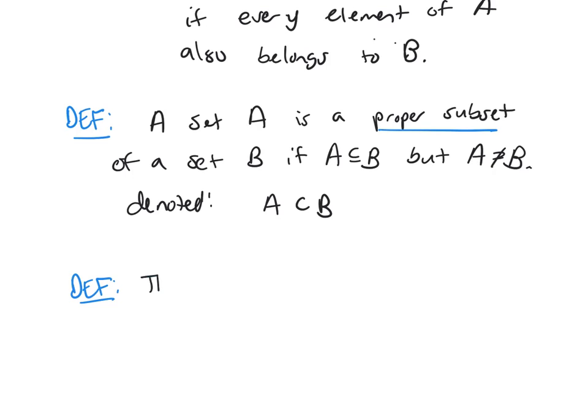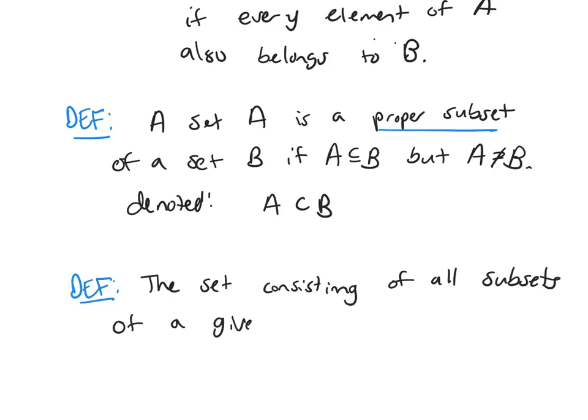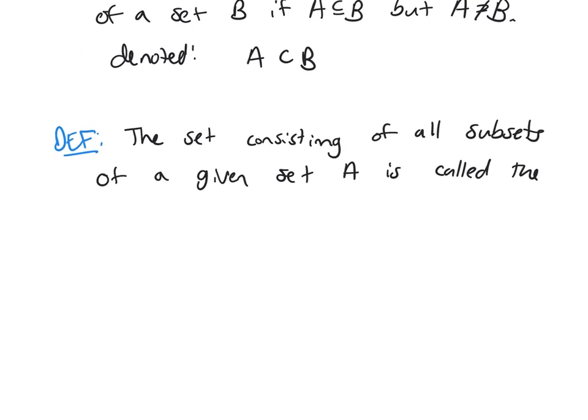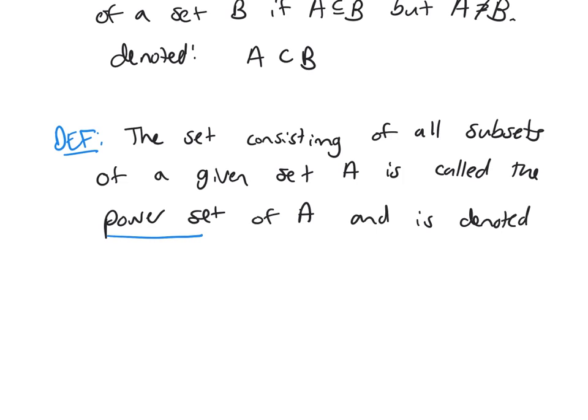The set consisting of all subsets of a given set A is called the power set of A, and is denoted P of A. So the power set, it's a set where all the elements are all the subsets of A.